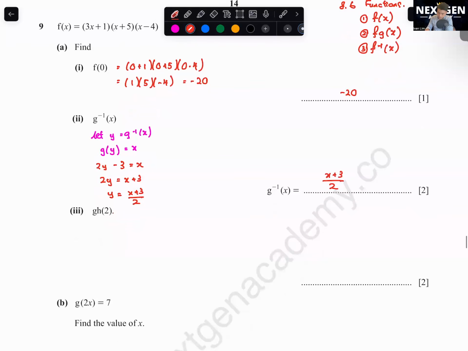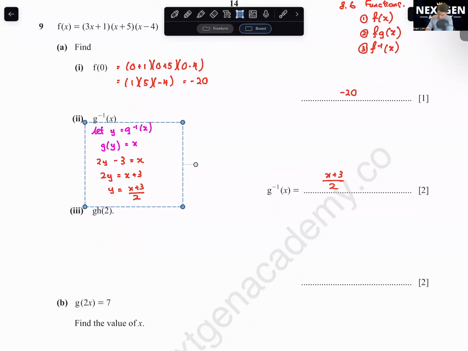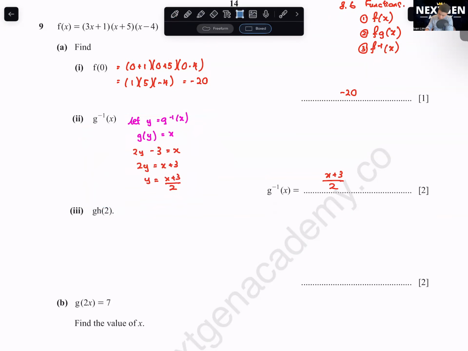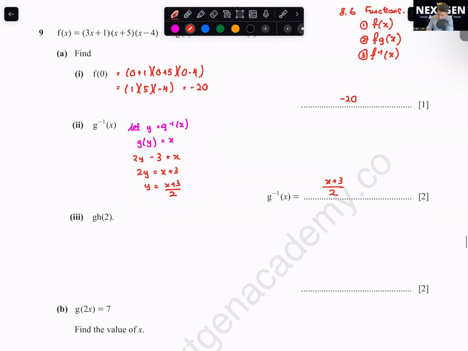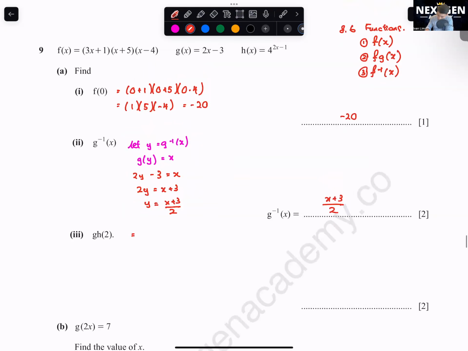Next one, this is called composite function. Composite function means when you join two functions together, please do not go and multiply them. So GH2, what is H? H is 4 to the power of 2x minus 1. Because they give you the x value is 2, I need to substitute 2 into here: 2 times 2 minus 1.